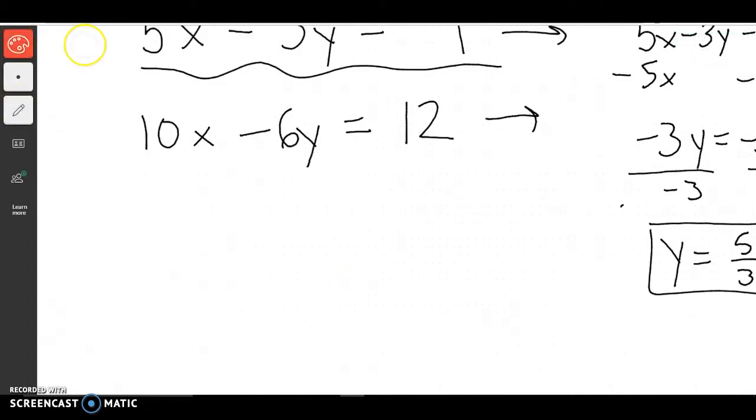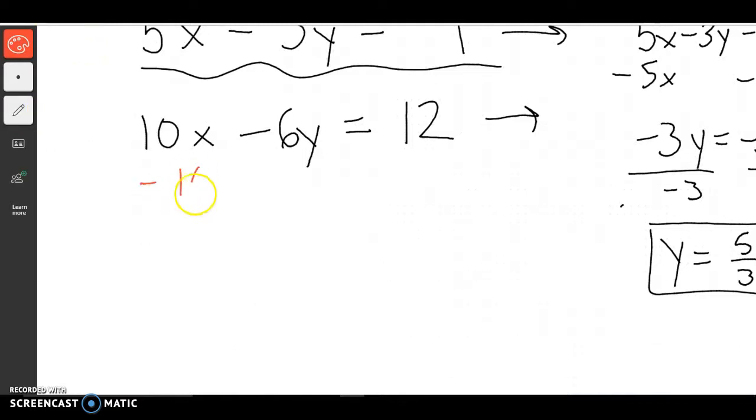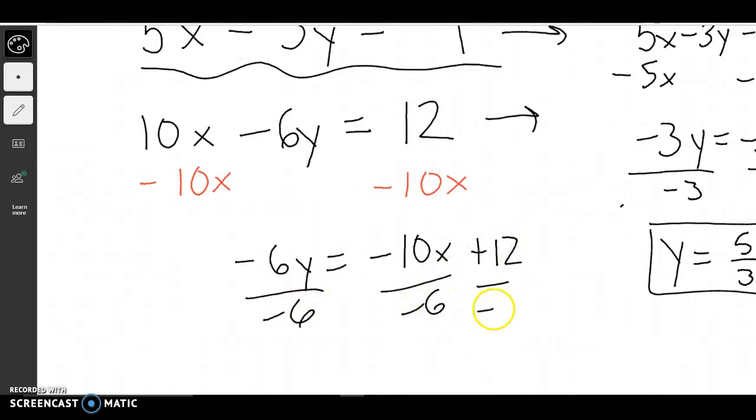So again, we're going to do a similar step. We're going to subtract the 10x over. And then we're going to divide by -6. So we're going to get y equals 5 over 3x minus 2.